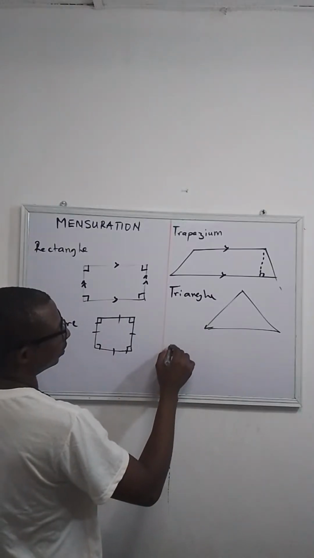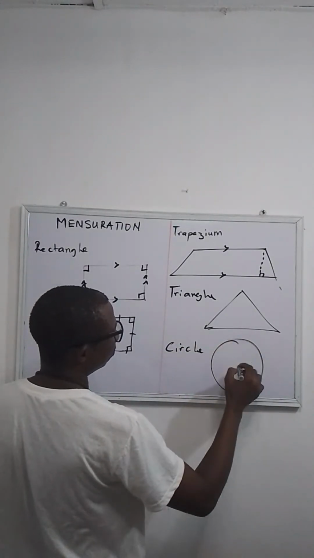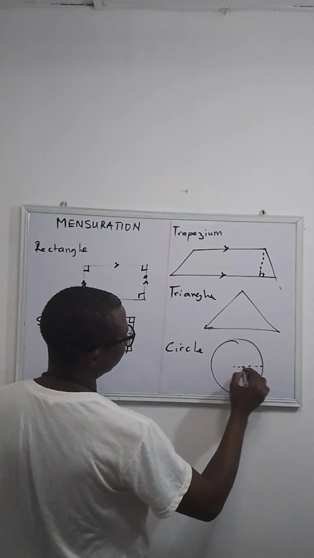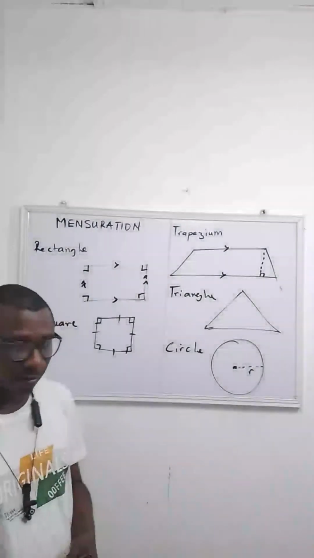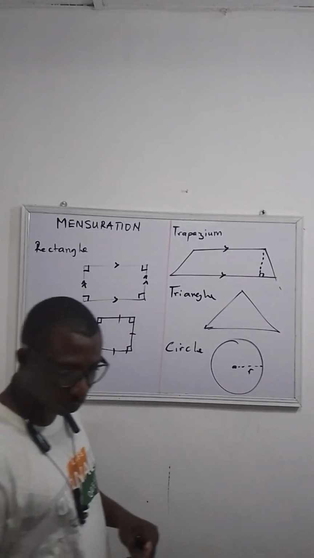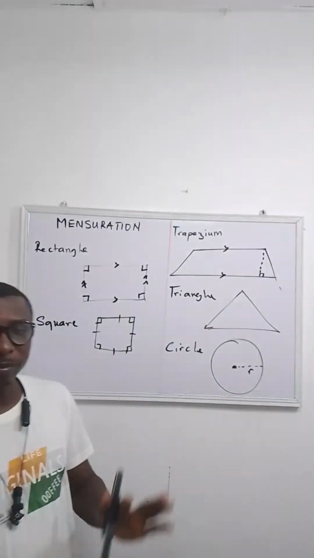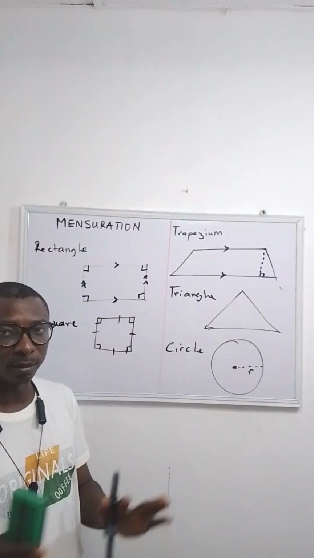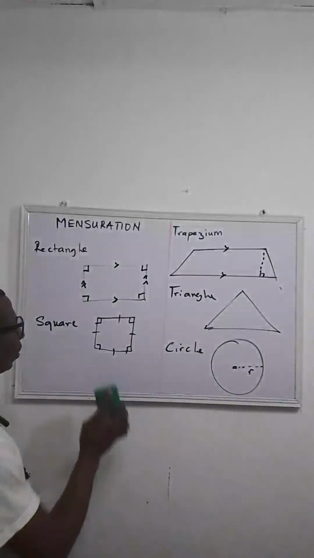Okay, we also have circle, a circle, with a radius. Okay, and so on. So we have a good number of them. So we are going to learn how to find the perimeter and the area of these plane shapes. Okay, so that is what we are going to do now.